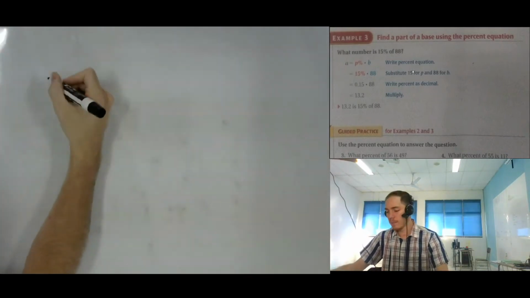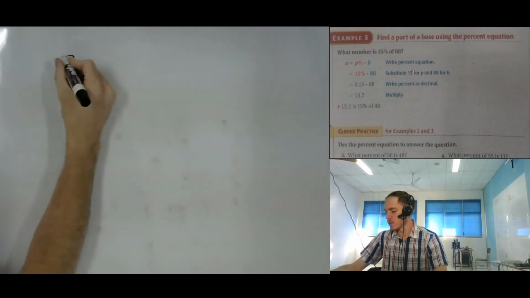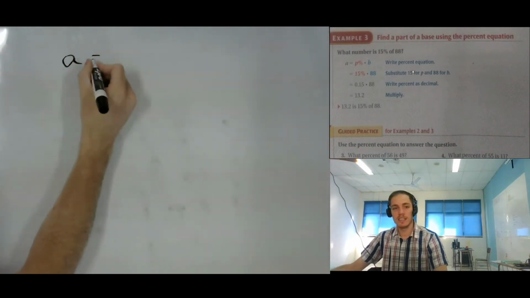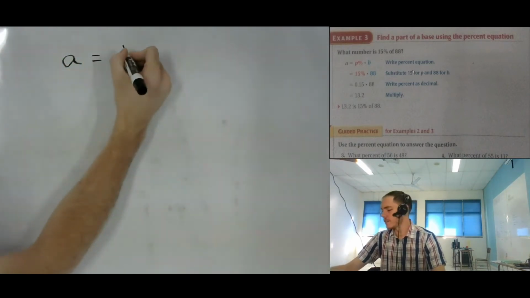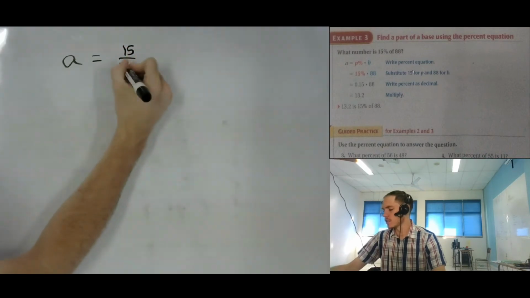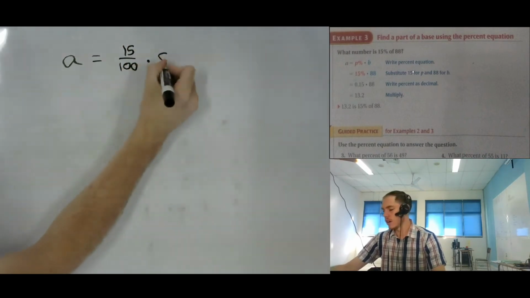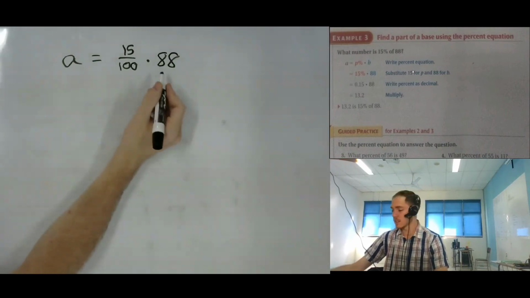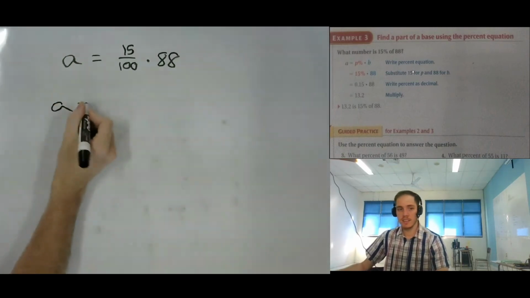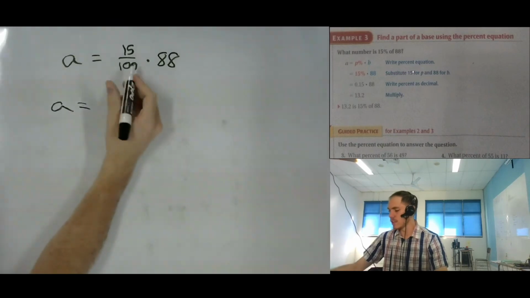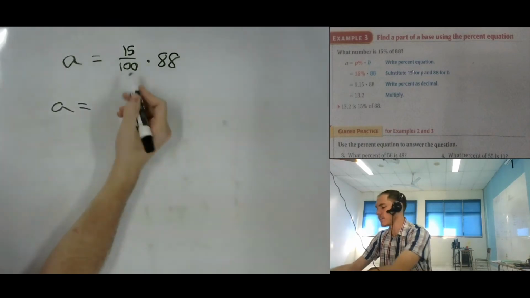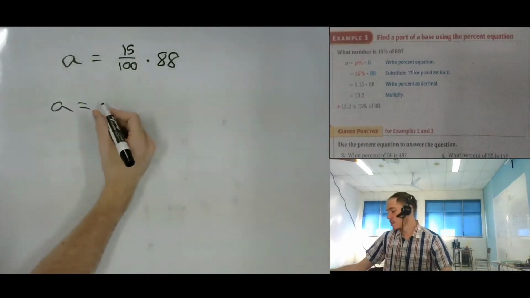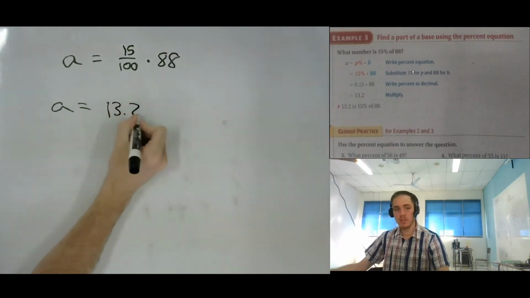Okay, what number is 15% of 88? Okay, so all you're going to actually do is just multiply this. So A is going to equal, and if you multiply 15% of 88, you're going to get 13.2.